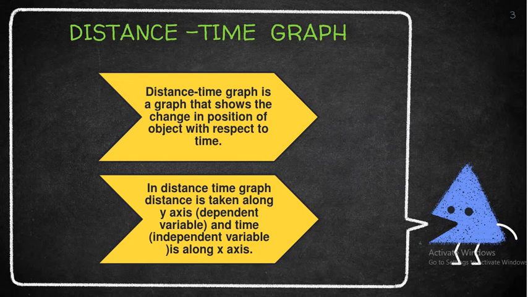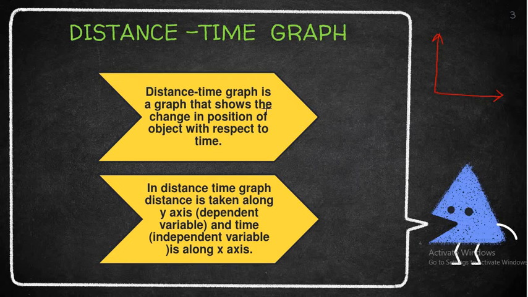That is distance, or the two variables that we need to take. What are the two variables that we need to take here? We need to take distance and time. Okay, and the distance time graph. What do you mean by distance time graph then? A distance time graph is a graph that shows the change in position of an object with respect to time.